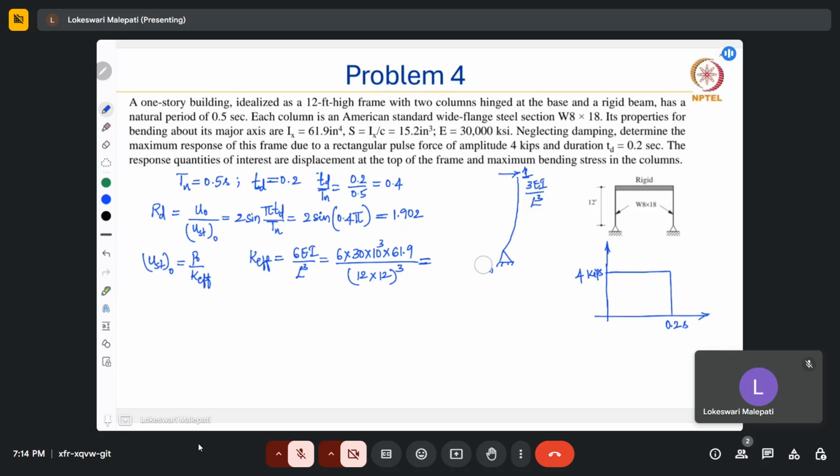Sorry, this would be 3.73 kips per inch.